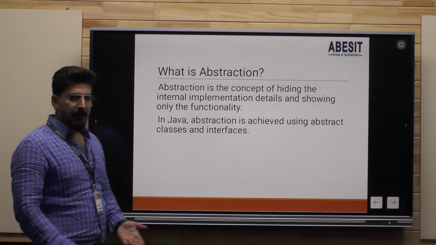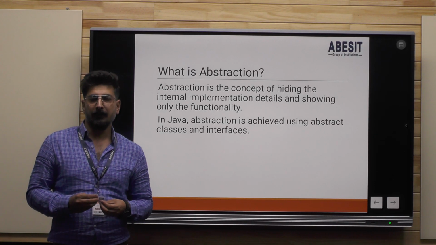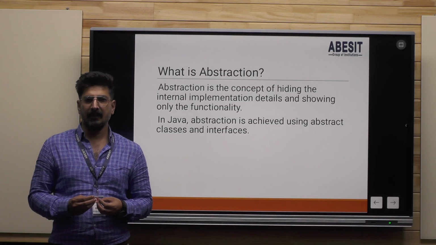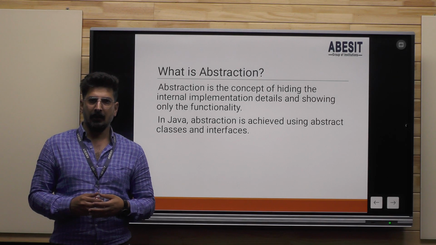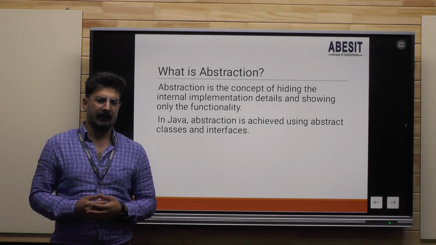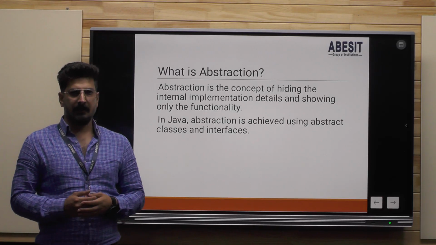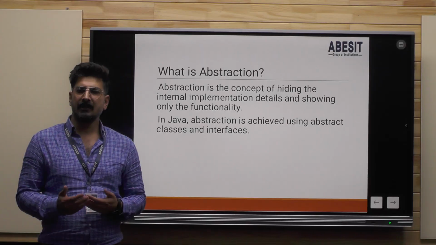So I think you already know the definition of abstraction. Abstraction means you are hiding unnecessary functionality. Like if you are driving a car, you only bother about the accelerator, the brakes, the clutch. You don't need to bother about how the engine is working.